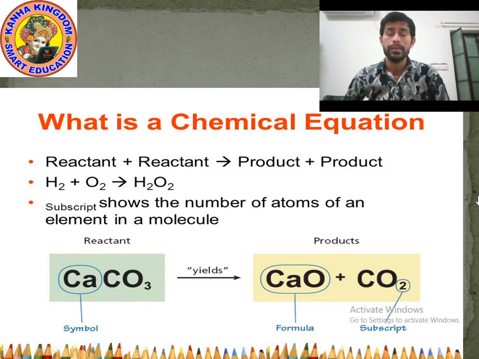When it reacts it forms CaO plus CO2. CaO means calcium oxide, also known as quicklime. Plus CO2 means carbon dioxide.